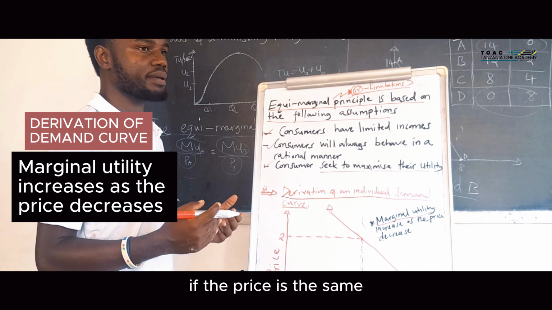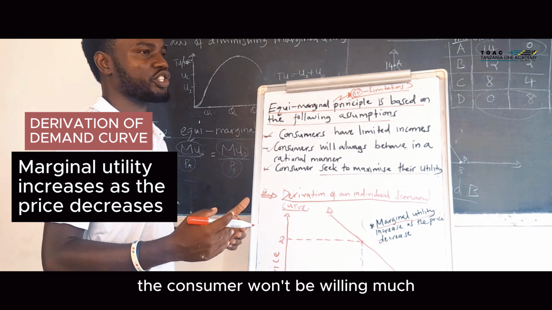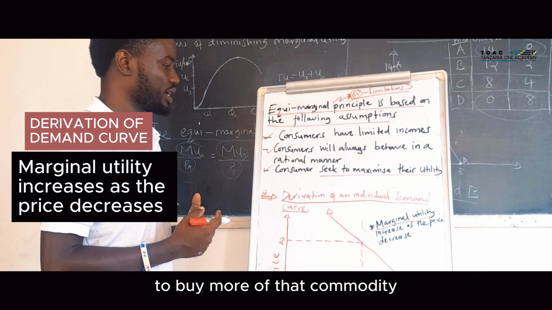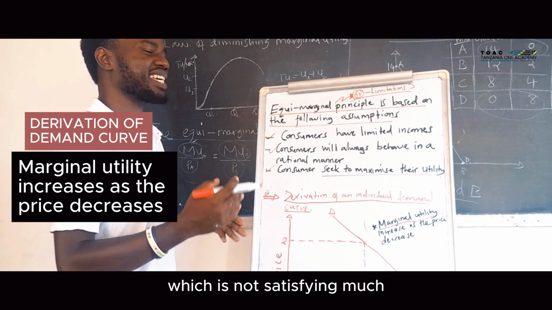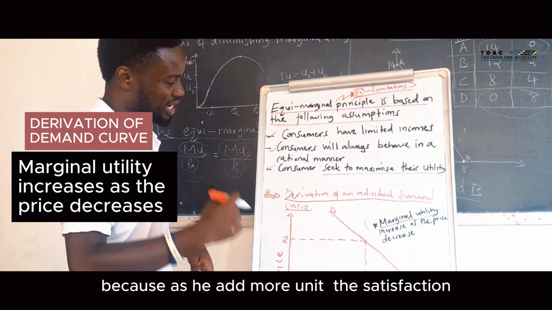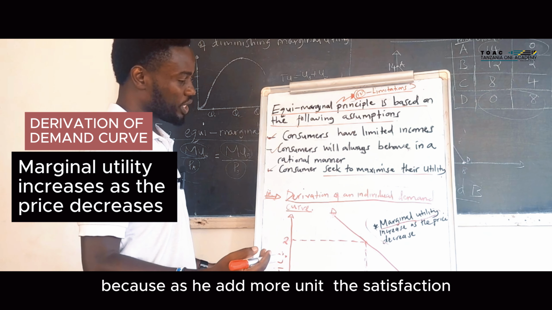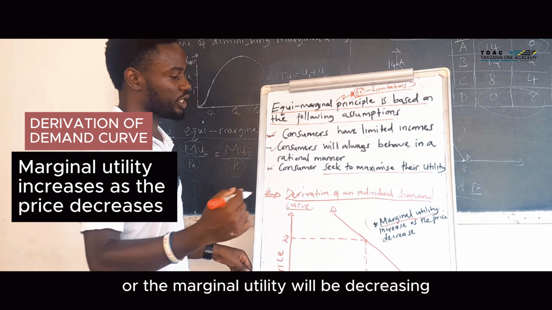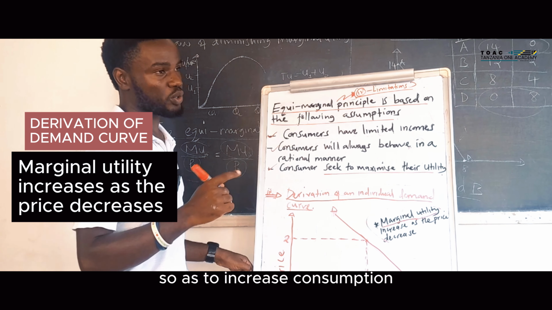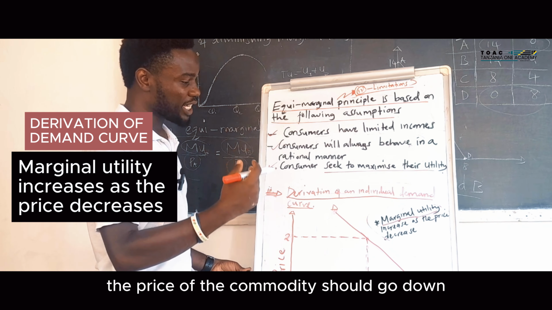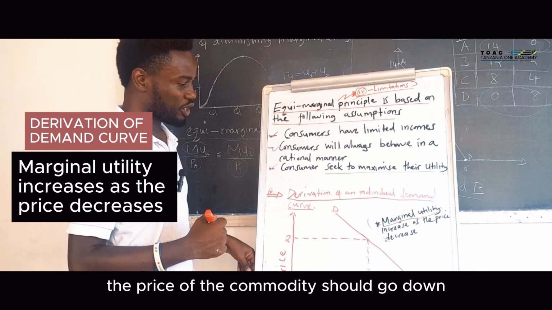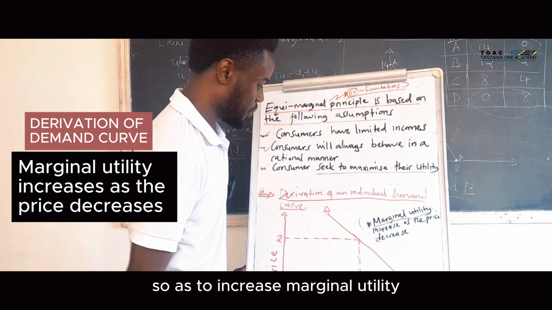If the price is the same, the consumer won't be willing to buy more of that commodity, because as he adds more units, the marginal utility will be decreasing. So to increase consumption or satisfaction, the price of the commodity should go down so as to increase marginal utility.